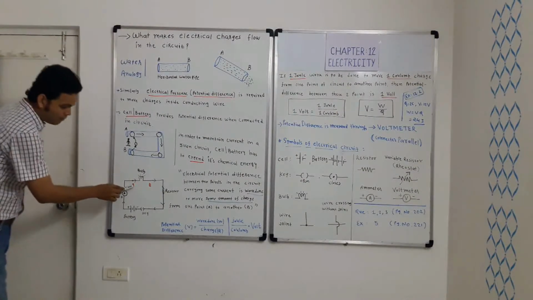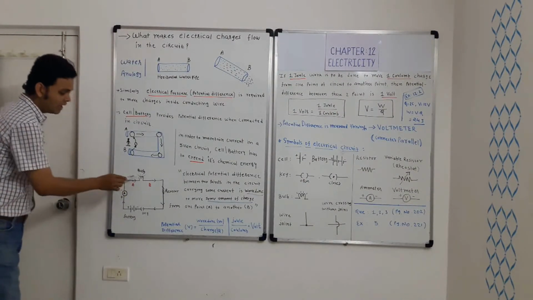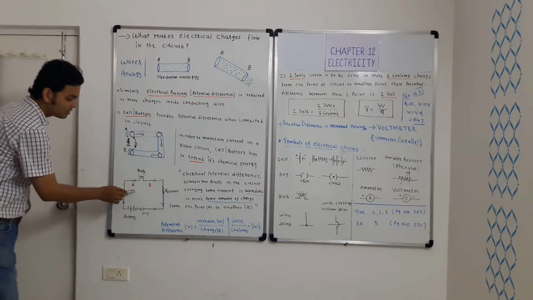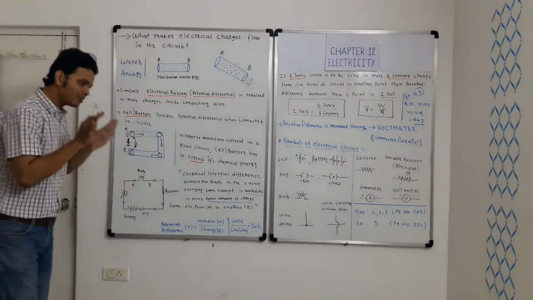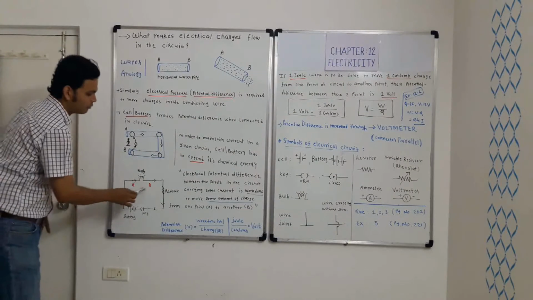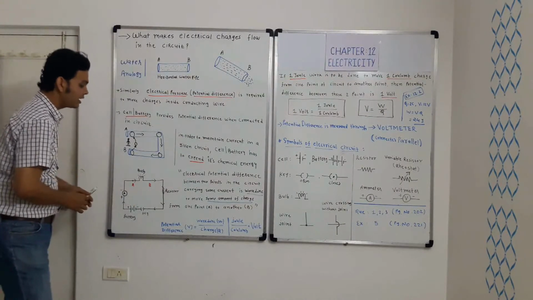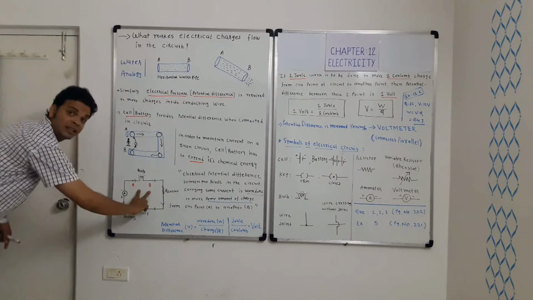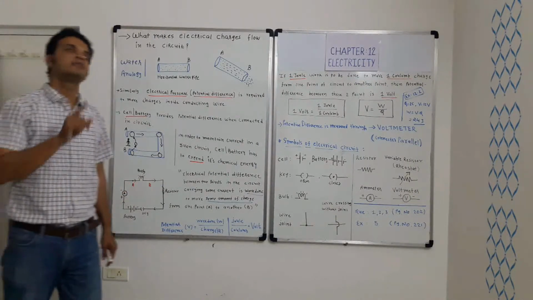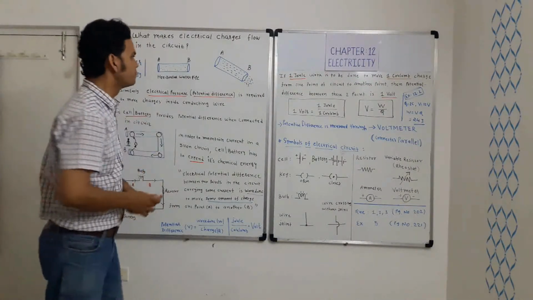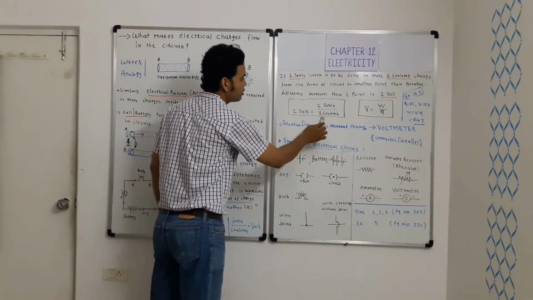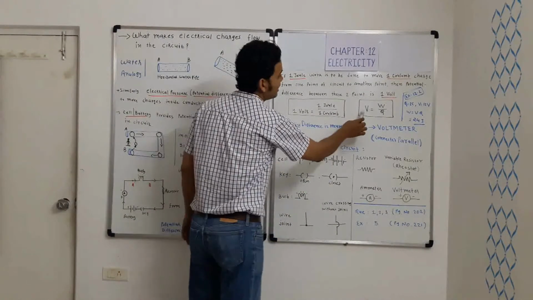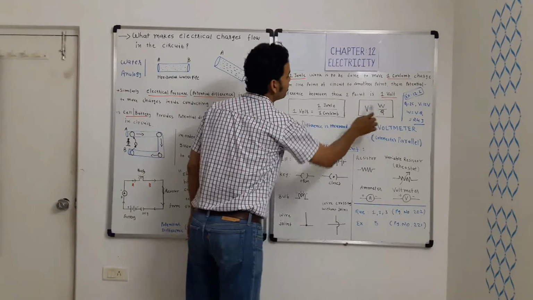So from point A to point B, if 1 coulomb charge is to be moved, and the energy required is 1 joule, then the electrical potential difference between these 2 points is 1 volt. Is that clear? So 1 volt is 1 joule per 1 coulomb. It is V equals W over Q.